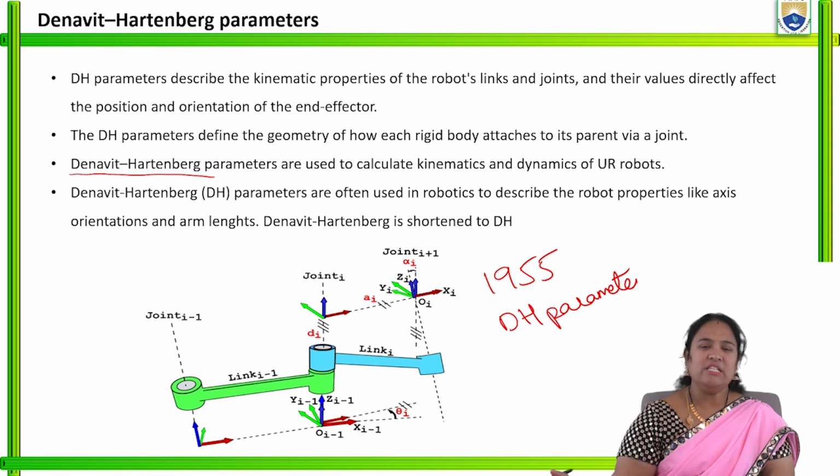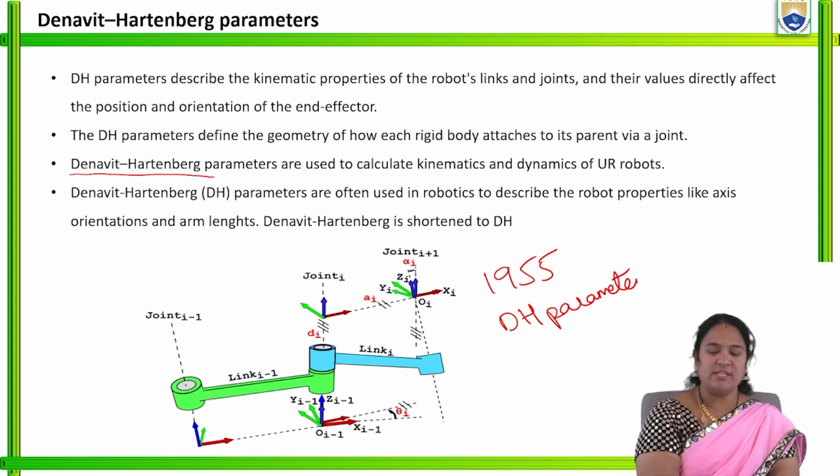Now, this DH parameter is generally used to define the geometry of how each rigid body is attached to its joint. You can see this figure here, right?